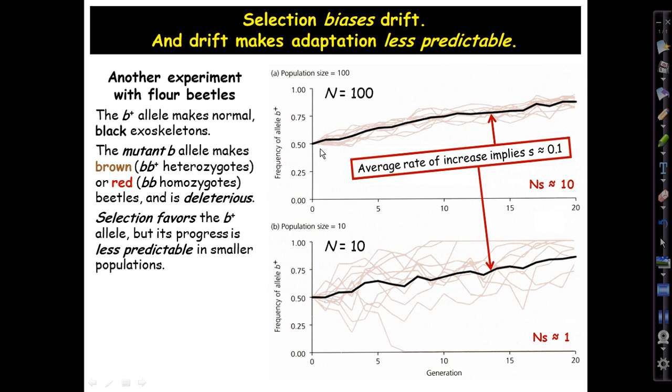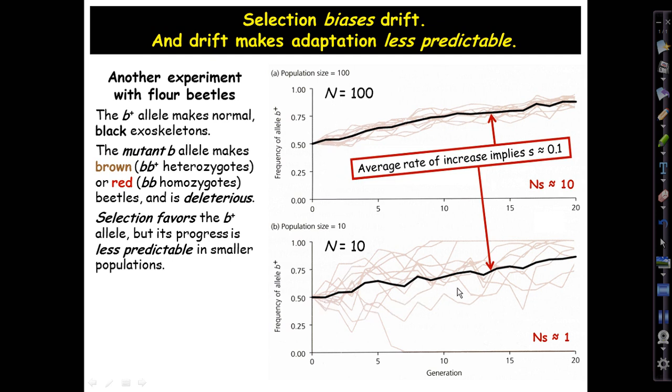So all the populations start at a B+ allele frequency of 0.5. They ran populations in parallel that were either very small, 10 adult beetles per generation in all, or not so small, 10 times larger, population size of 100 adults.